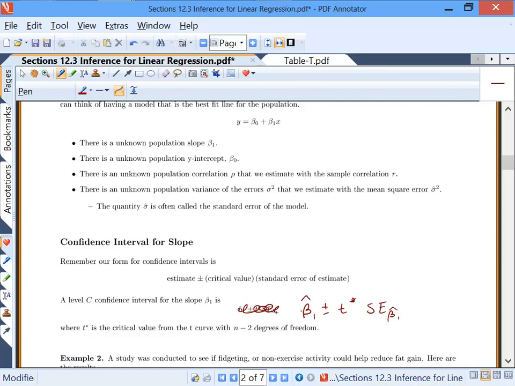Again, it's just our estimate plus or minus our critical point times the standard error for our estimate. Now notice, this is important: t star is the critical value from the t curve with n minus 2 degrees of freedom. Slightly different than when we used it for inferences on our mean.